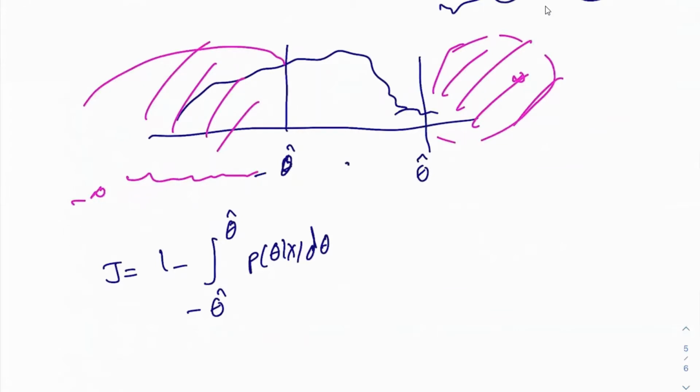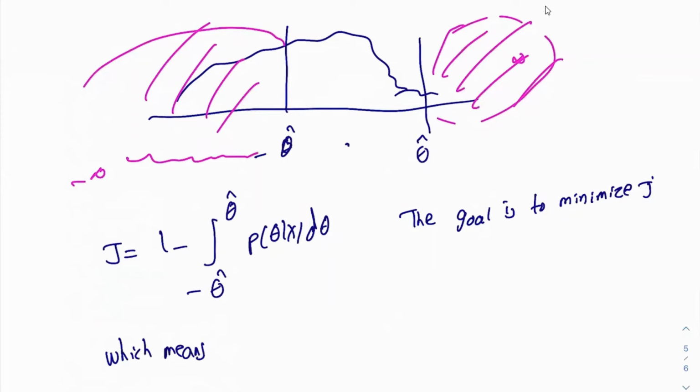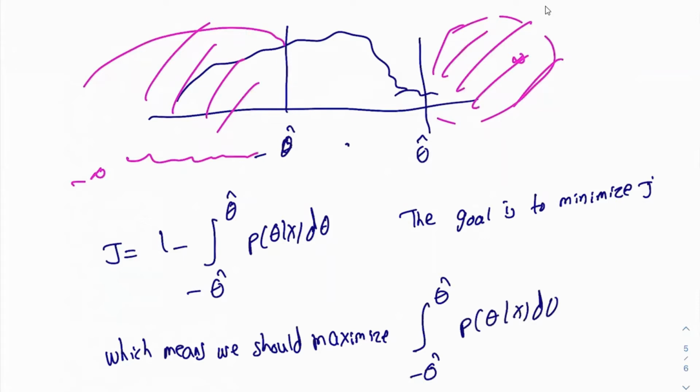Now, we want to minimize J. To remind you, the goal is to minimize J, which means we should maximize the integral from negative theta hat to theta hat of p of theta given x d theta.